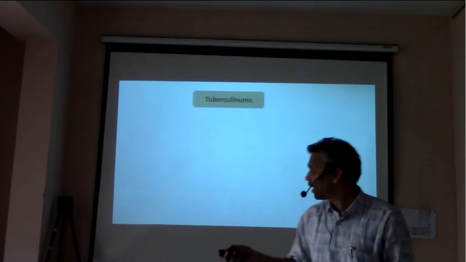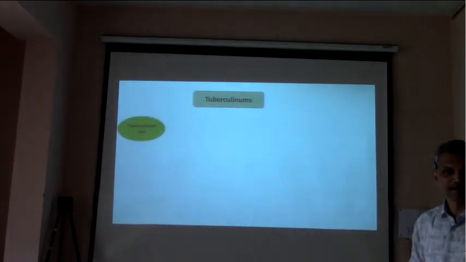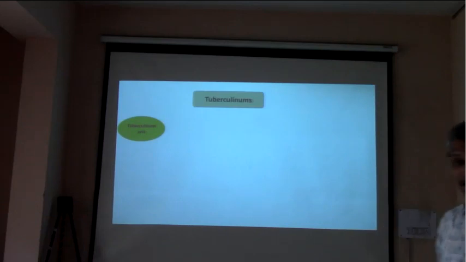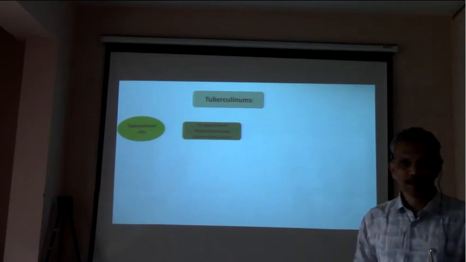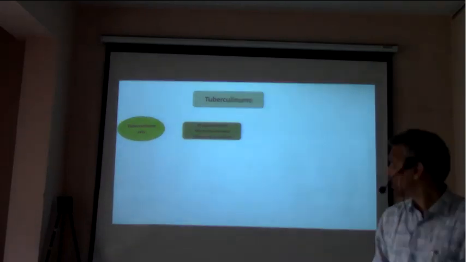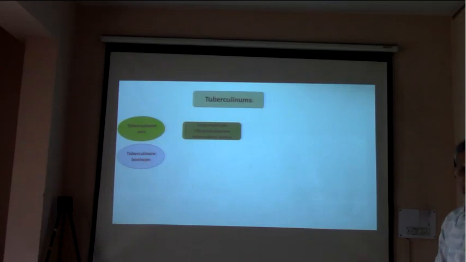I will reveal. So we have something called Tuberculinum avis. Okay, fine. Birds. So Tuberculinum avis is prepared from Mycobacterium tuberculosis avium. Okay. So this is one remedy that is prepared, and then we also have Tuberculinum bovinum.